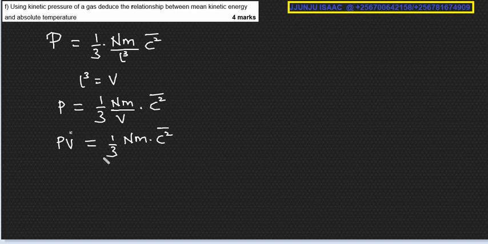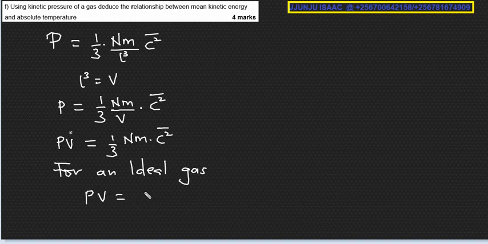Okay, so now from here we know that for an ideal gas, PV is equal to nRT, where n is the number of moles, R is the molar gas constant, and T is the absolute temperature.